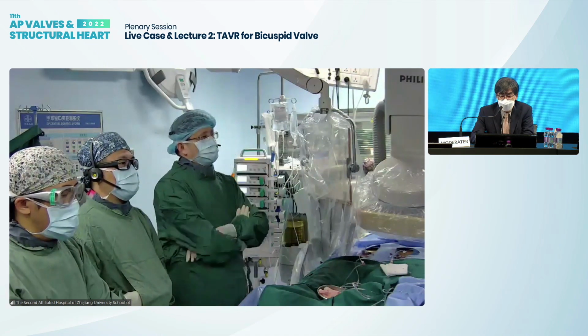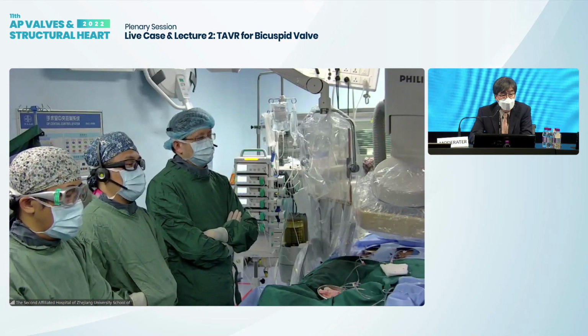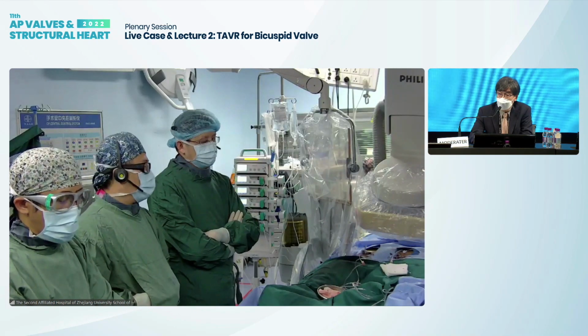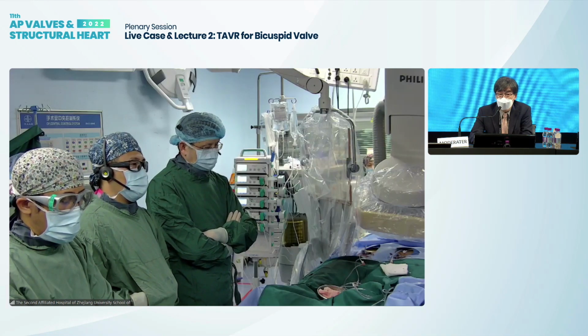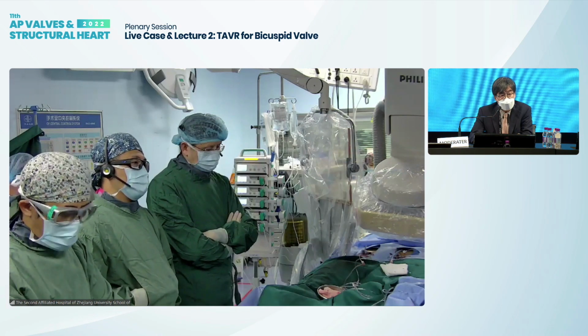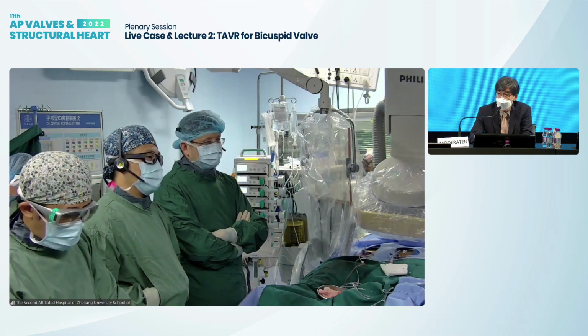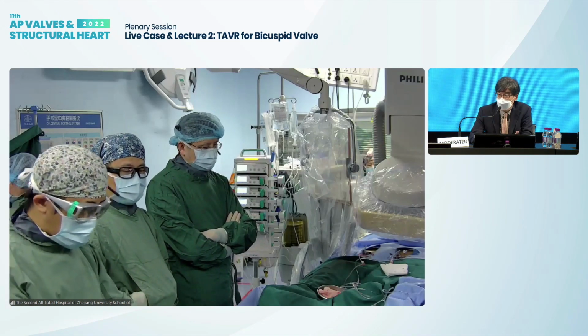Another question: I'd like to ask the patient's height. What I mean is that the annulus of this patient looks small. This is one of the typical features of Asian patients: small size of annulus. Why? The reason is that body size itself is smaller.